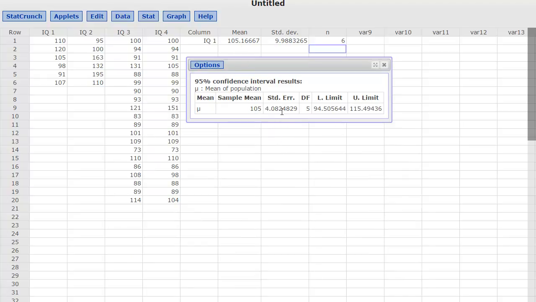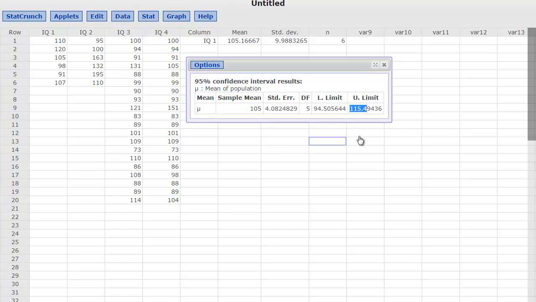The standard error is smaller, which it should be for a sample size of 6. There's my degrees of freedom, 5, one less than the 6 that I had. But here's the important part. The lower limit is 94.5 and the upper limit is 115.5, basically.